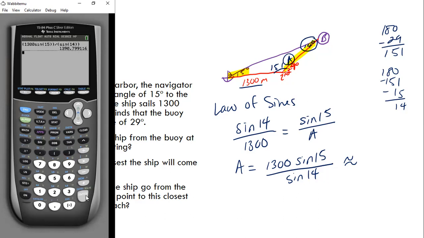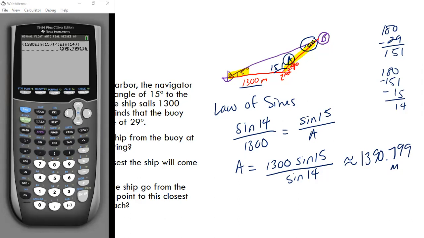Okay, and there we are. Did we all get that? So we're going to round to the nearest thousandth. So 1,390.799. If you want to write that, go for it.